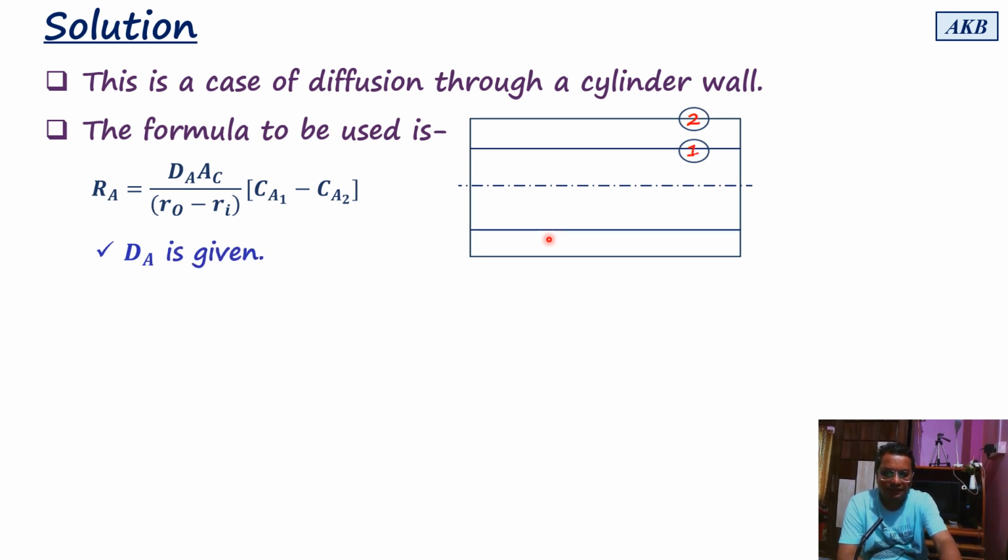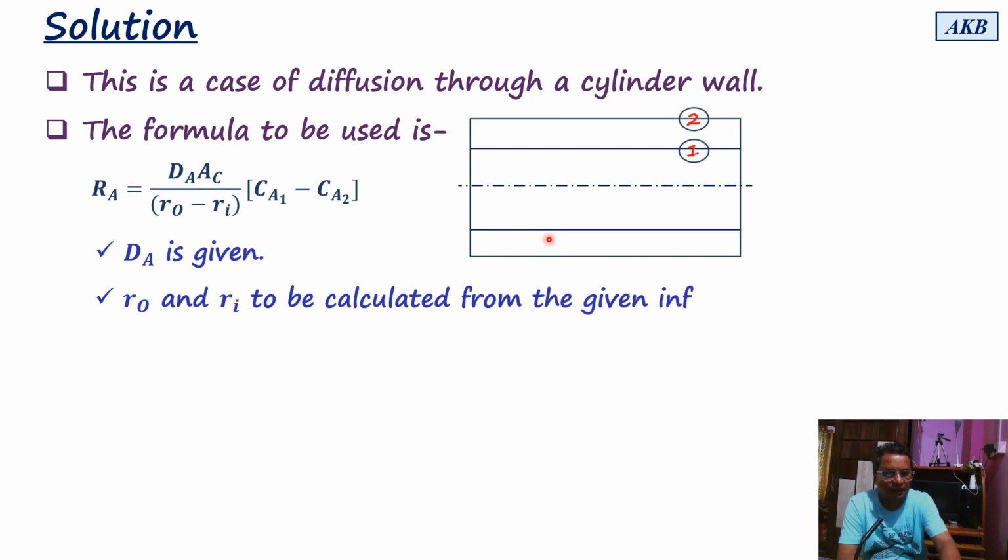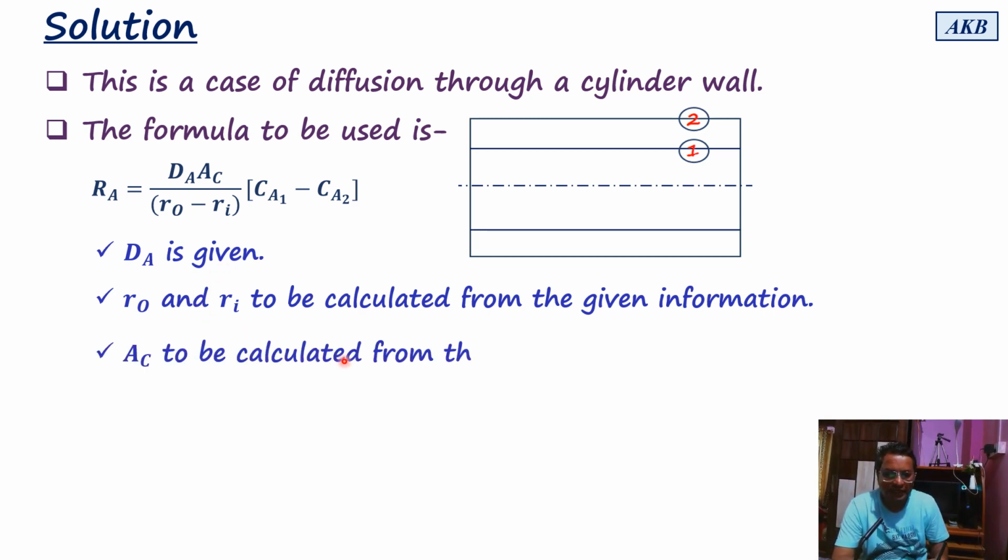So DA is given, RO and RI are to be calculated from the given information. They are not directly given to us. Instead of radius, what they have given is the diameters, and we need to find the radius from that. Very easy job. AC is to be calculated, that is, the area through which diffusion is taking place.